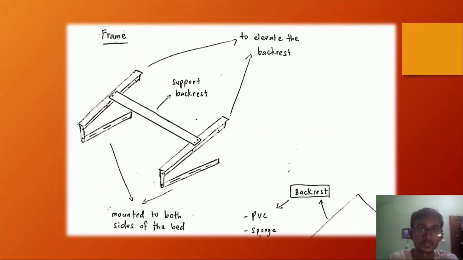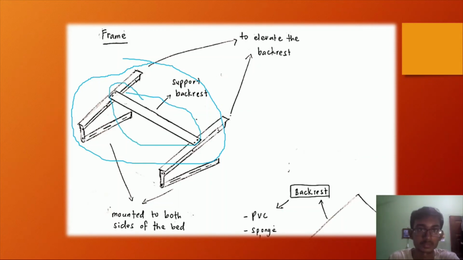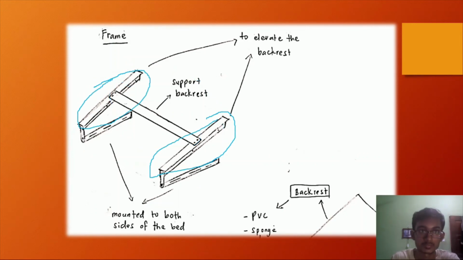So this is the frame of the device, and this part is where the backrest will be placed. So there are functions for each part of this frame. So as shown here, this is to support the backrest because this is placed on the center part of the backrest, and both of these parts are to elevate the backrest to bring it upwards and down.